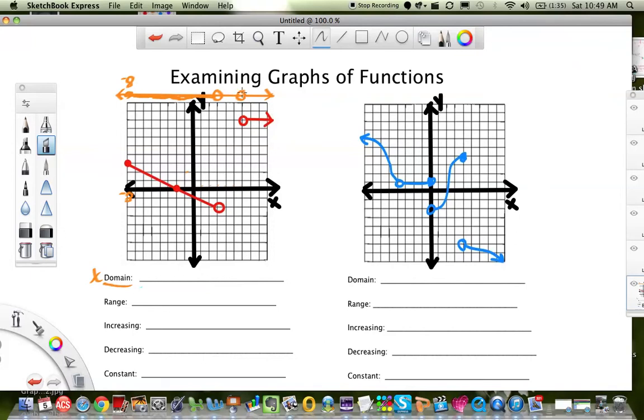There's nothing until I get to 6, and then it continues into infinity. So it started at -8. It went solid. There were x values for the function all the way until I got to 3. Then there was this gap, and it picked up again at 6 and went to infinity.